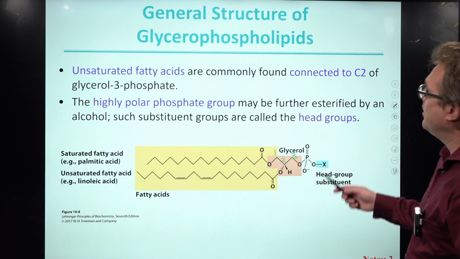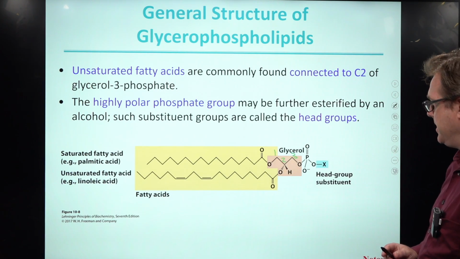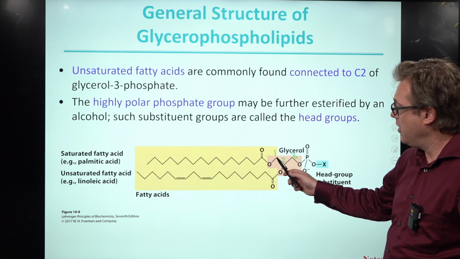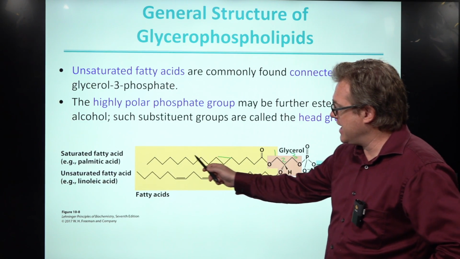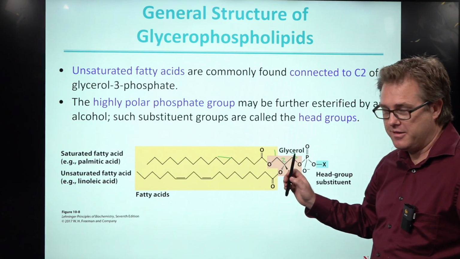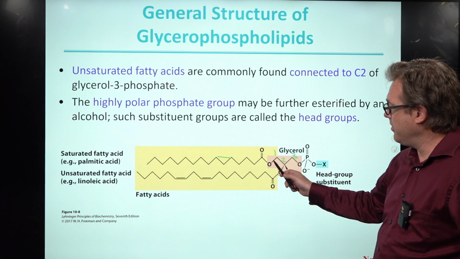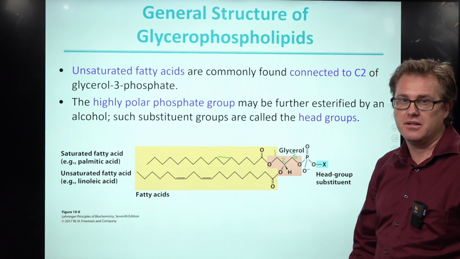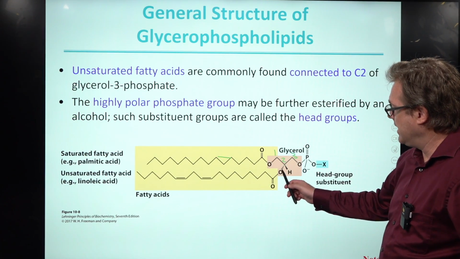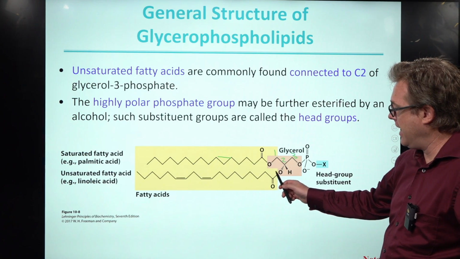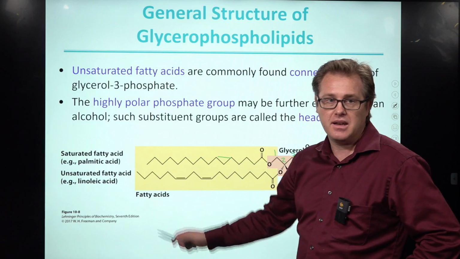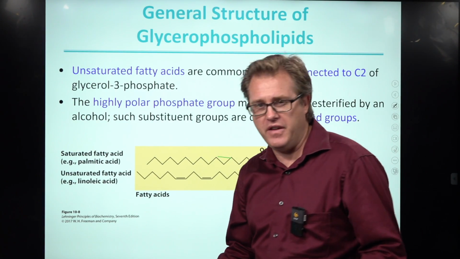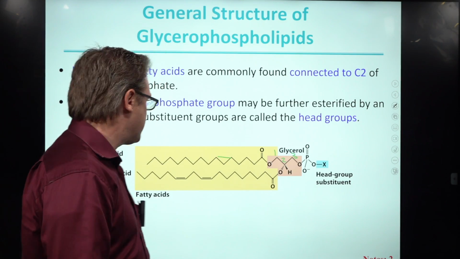But now, let's take a look here. What we see for the glycerol phospholipids is that at carbon 1, we have a fatty acid that is saturated, whereas at carbon 2, we have a fatty acid that is unsaturated. And that's just a key feature about these phospholipids.